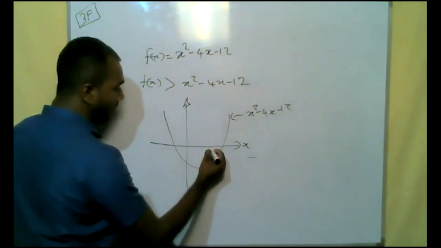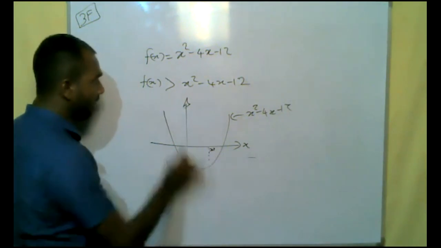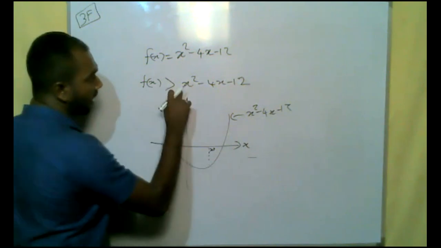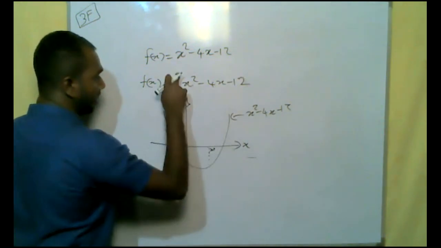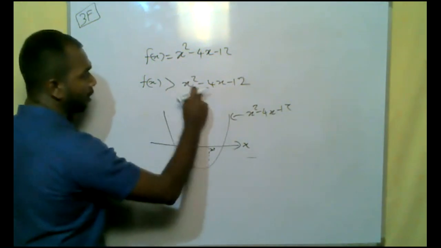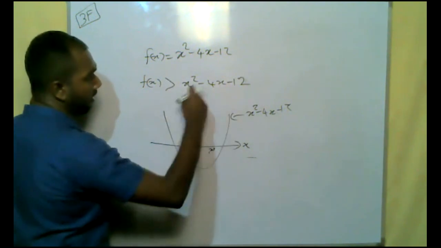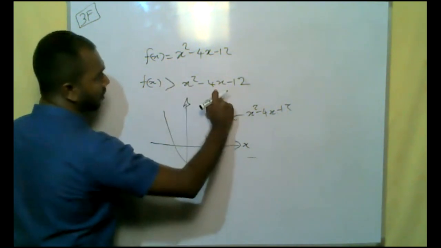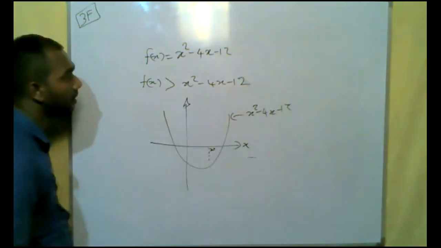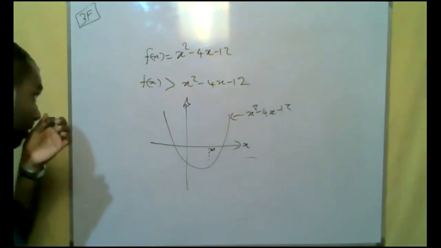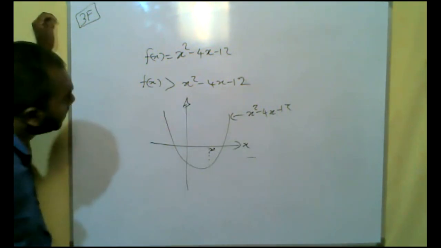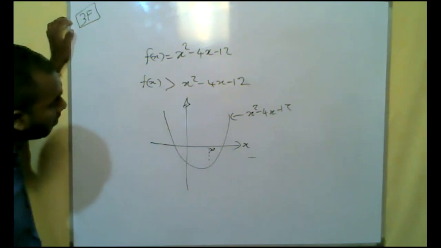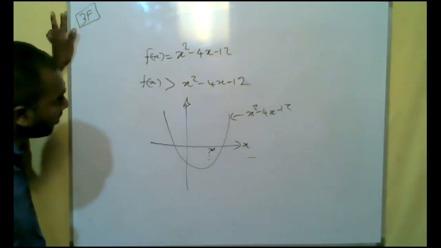When x is 3, the value of f(x) should be larger than the value we get from this. If we substitute it, 9 minus 24 minus 12, how much? Minus 15.